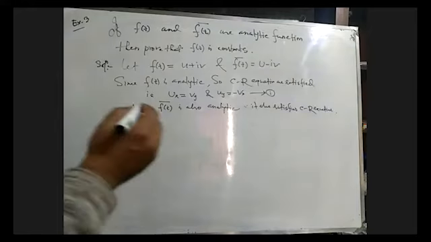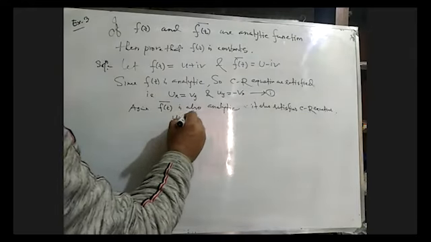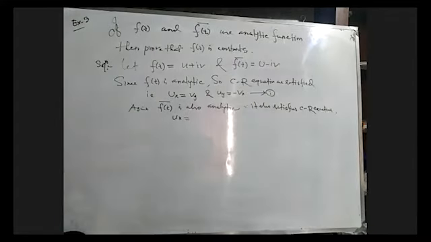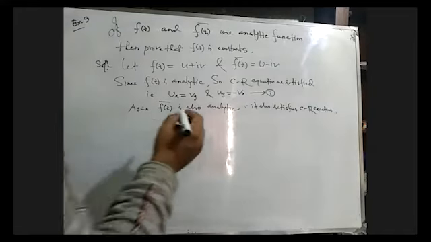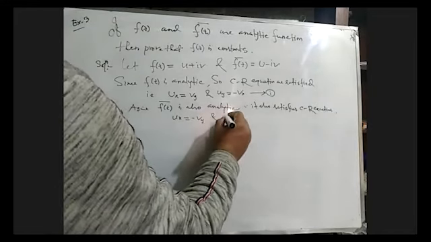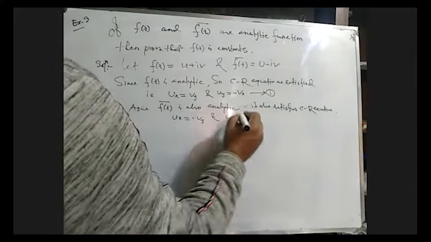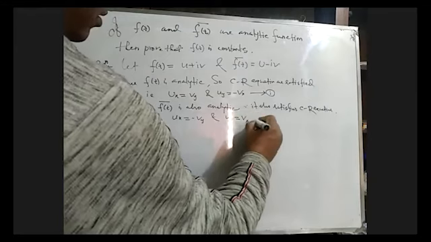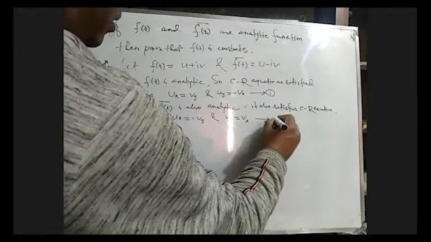Yes, that means ux equals to what will be? Minus by and uy equals to plus bx. This is equation number 2.